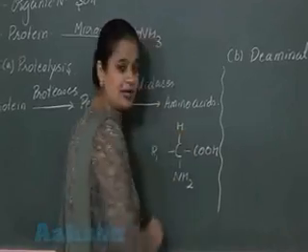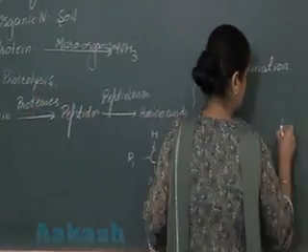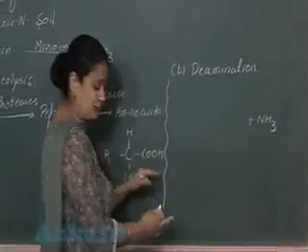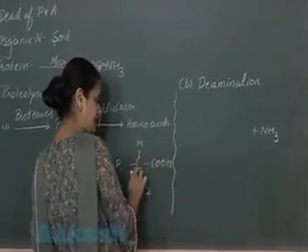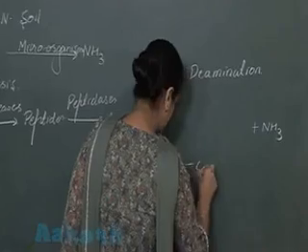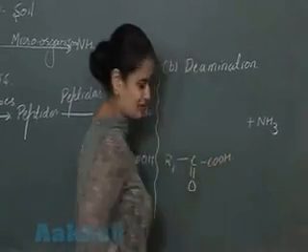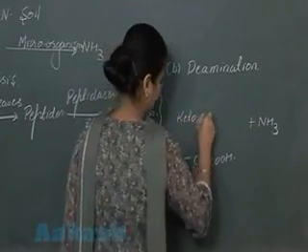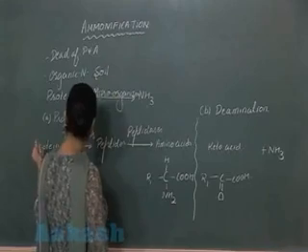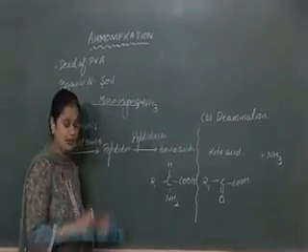Here the amino group is removed and released in the form of ammonia. When the amino group is removed, instead of it there is addition of oxygen here. So this amino acid is converted into keto acid after the addition of oxygen. So this process of formation of ammonia from protein is known as ammonification.